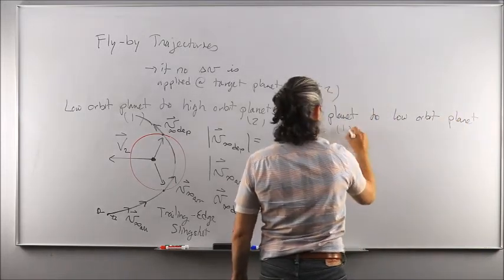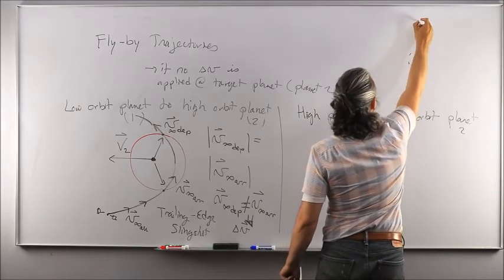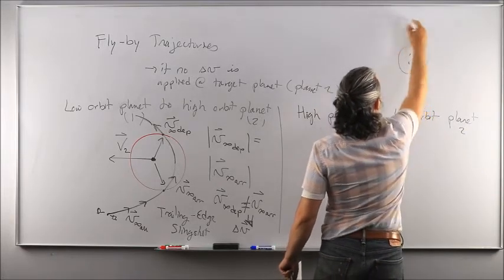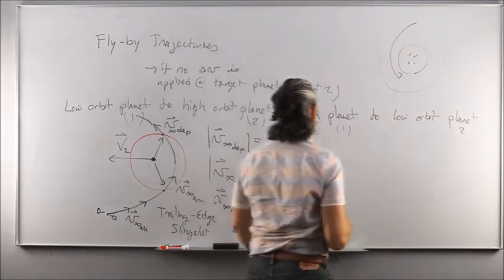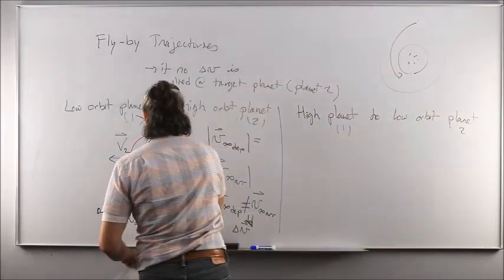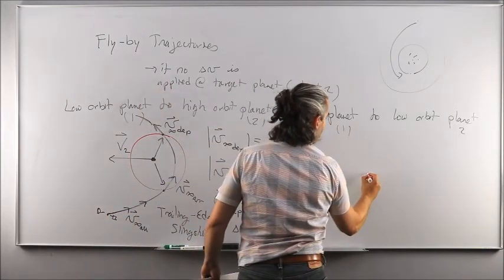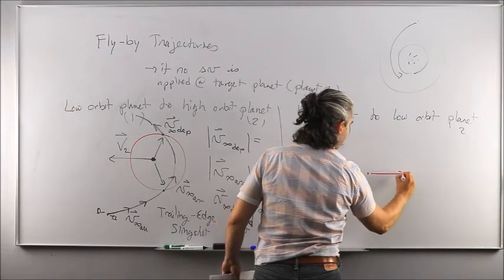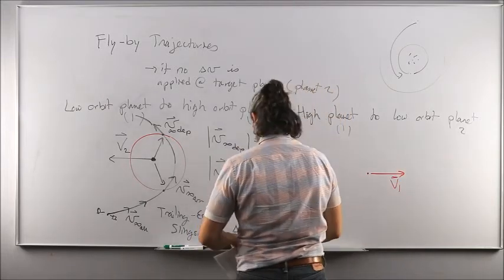planet, 1 to 2, meaning that if this is the sun, you now go from here to here. So you come back from Mars to the Earth, for example, and then you would get the total opposite situation where you have planet 1 with its heliocentric velocity, like that.